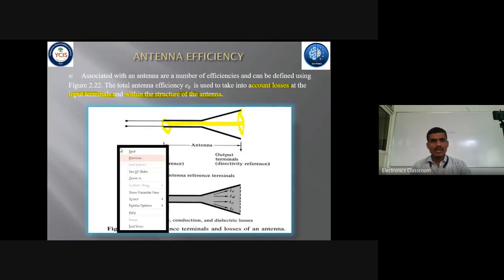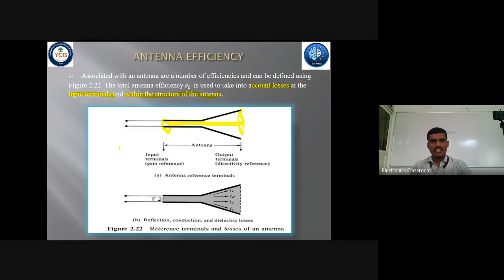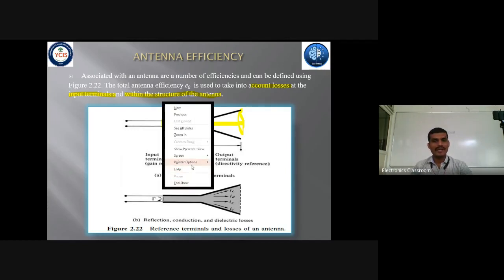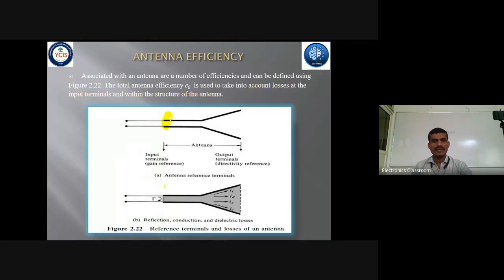Now, in this diagram, this is your antenna, which can be referred to for the calculation of antenna efficiency. This is your input terminal, and your input terminal is known as the gain reference point. Is that clear?